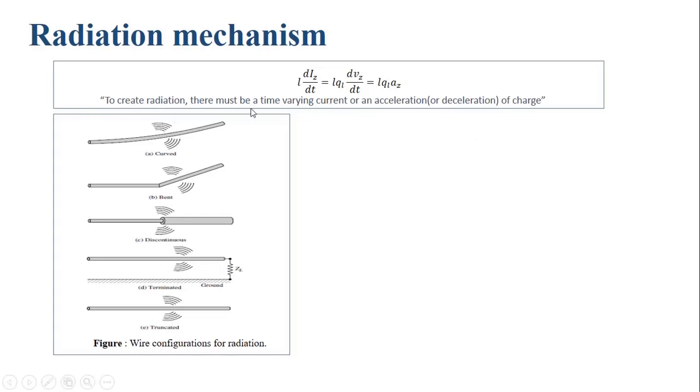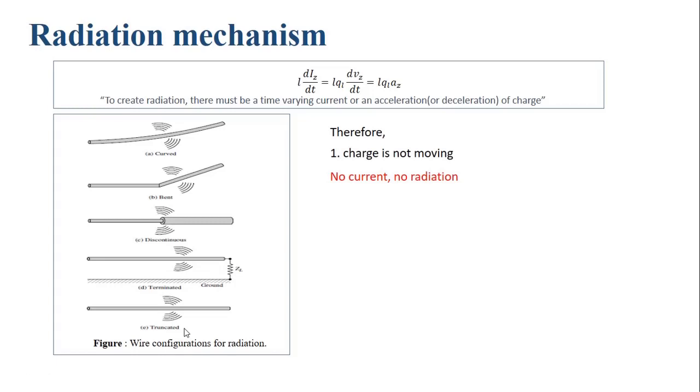So to create radiation, the conclusion is we must have the time varying current or an acceleration of charge. You can see over here the different wire configurations for radiation are shown.